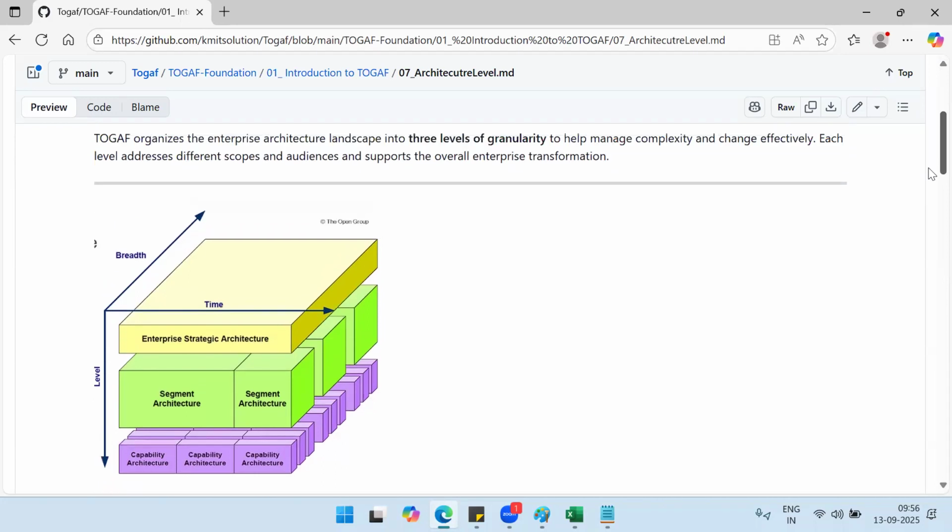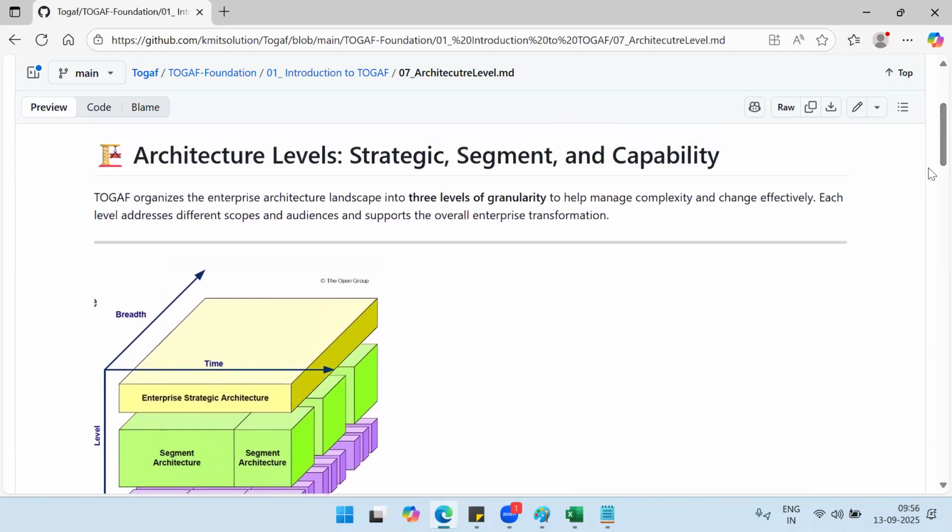All right, so let us walk through this. TOGAF organizes the enterprise architecture landscape in 3 levels of granularity to help manage complexity and change effectively.